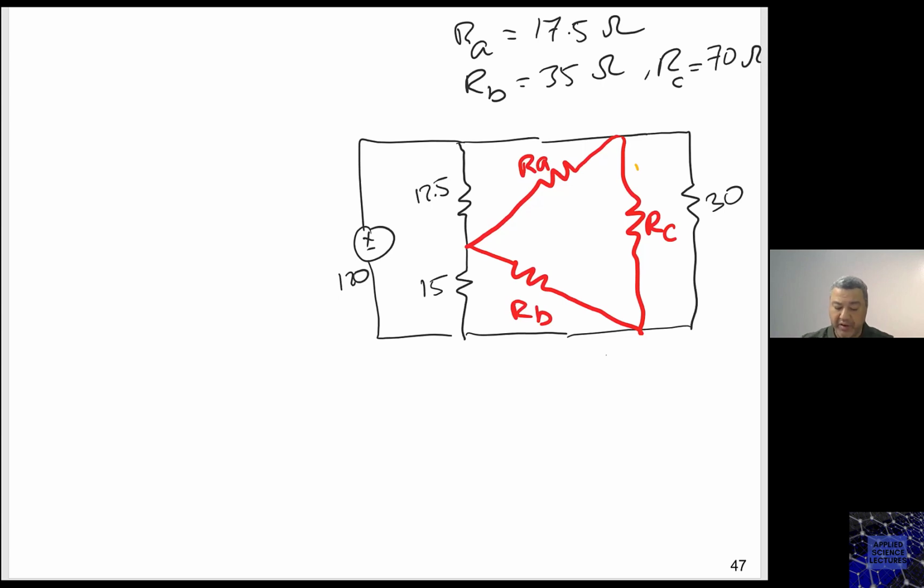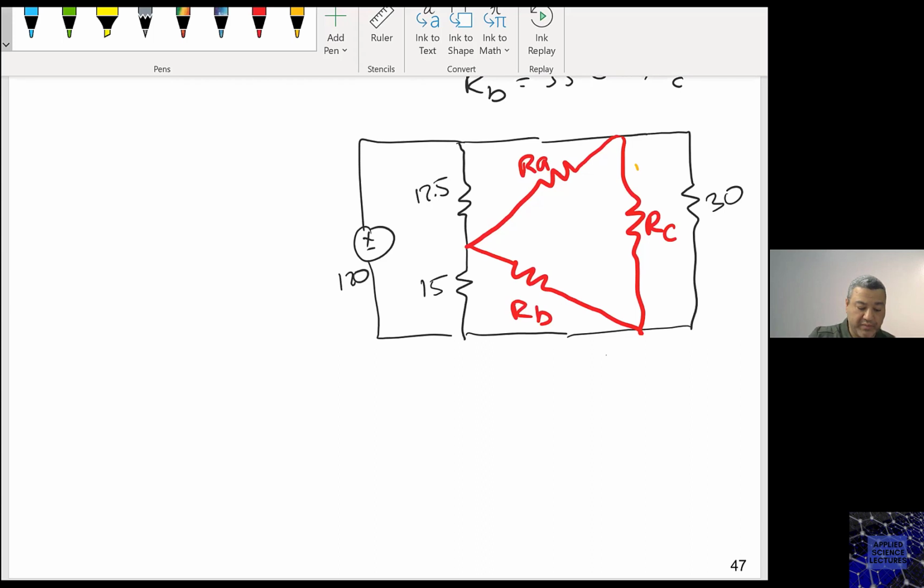They are in parallel, right? So now this circuit can be simplified. What else? I have a 12.5 and the RA are also in parallel.